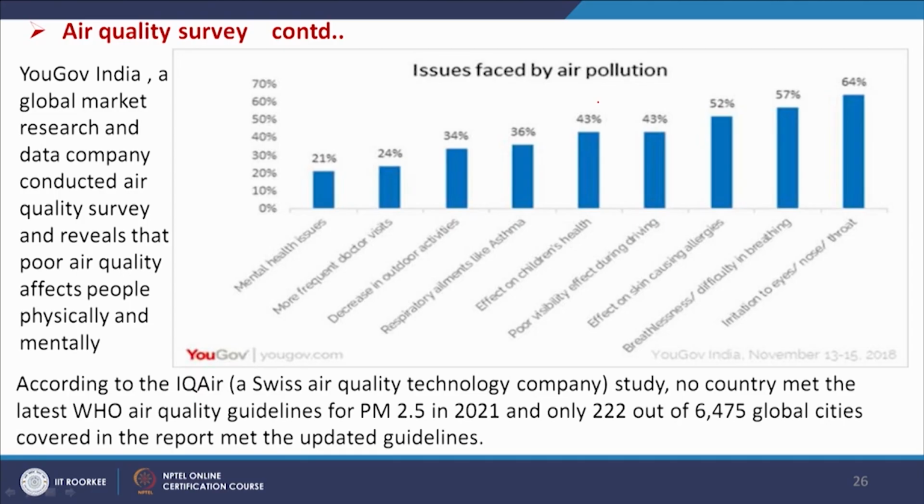According to IQAir, a Swiss air quality technology company, no country met the latest WHO air quality guidelines for PM 2.5 in 2021, and only 222 out of 6,475 global cities covered in the report met the updated guidelines.